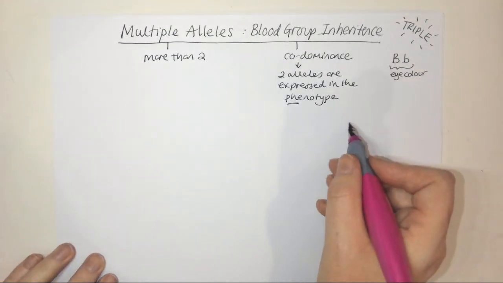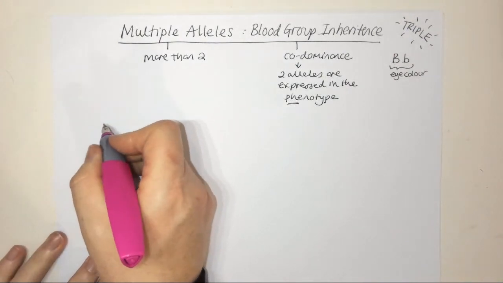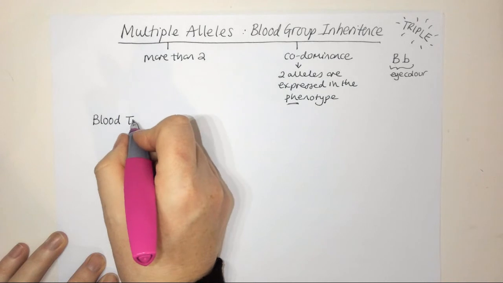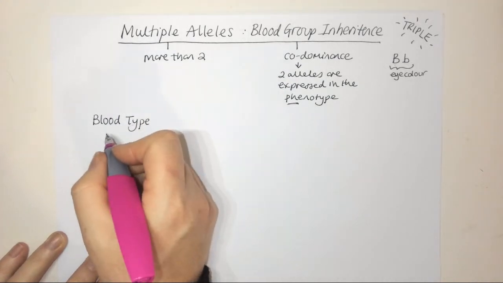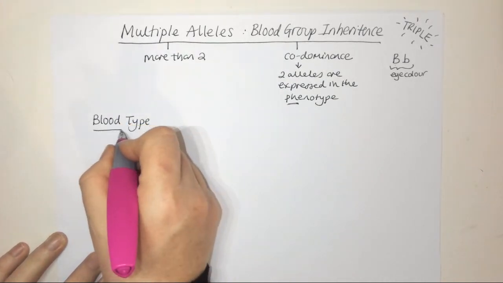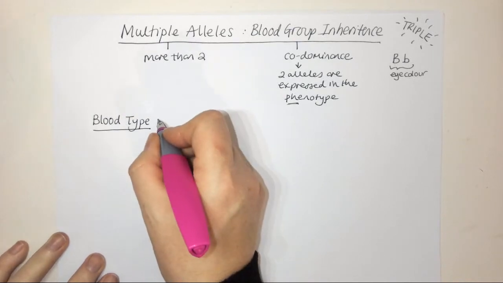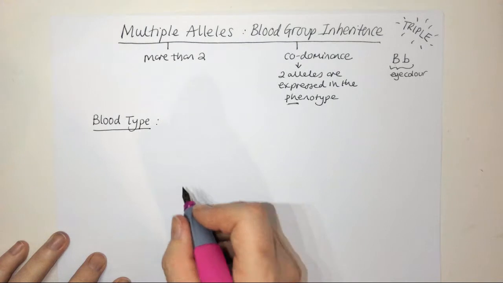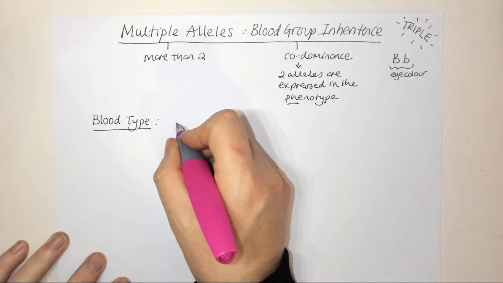A little bit of background then for blood types. Do you know your own blood type? I don't. Not many people seem to, really. Perhaps if you had a blood test you could ask. There are four main blood groups that we have, and we're talking about in humans here.